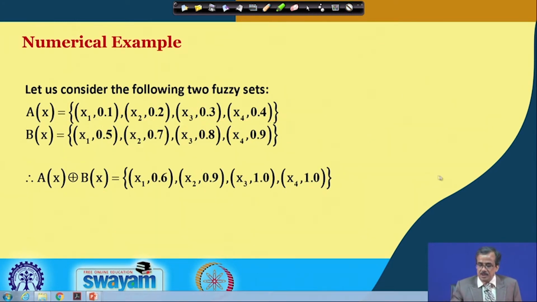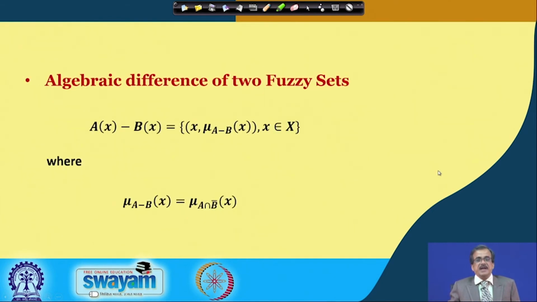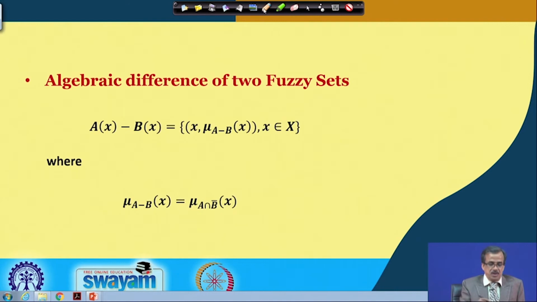Now, let us see how to carry out the algebraic difference between two fuzzy sets. Supposing that I have got two fuzzy sets like A(x) and B(x), defined in the same universe of discourse, that is x belongs to capital X. How to find out the algebraic difference, that is A(x) minus B(x)? A(x) minus B(x) is nothing but x such that it has got the membership function value mu A minus B(x).